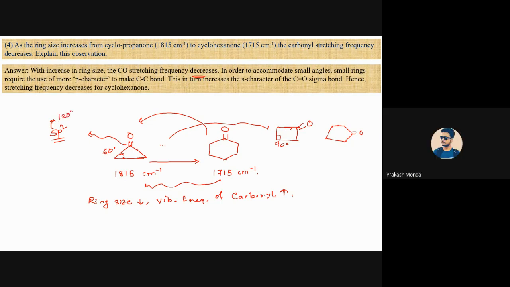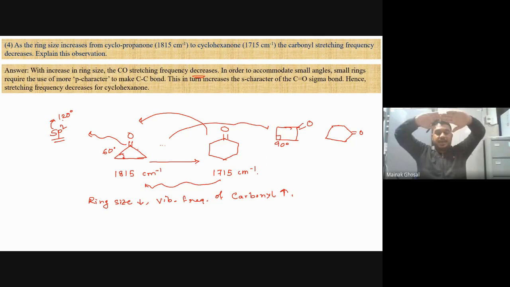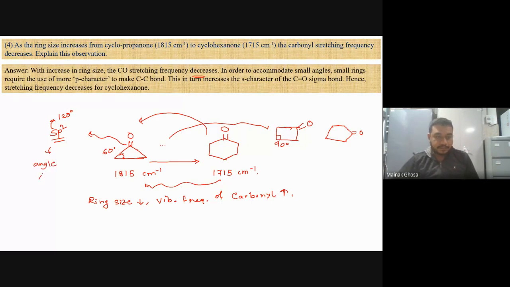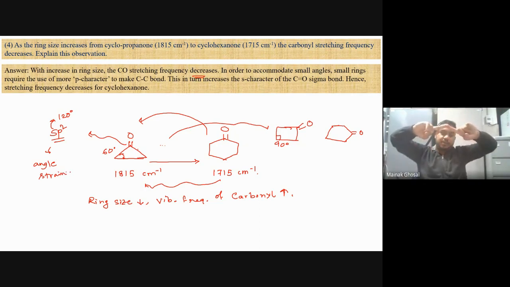Now when you make a 120 degree bond angle into 60 degrees, strain is developed in the molecule. This is known as angle strain. So if you make a 120 degree bond angle molecule into 60 degrees, you will develop angle strain.